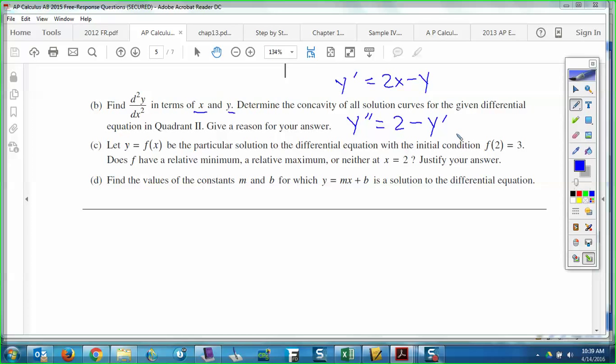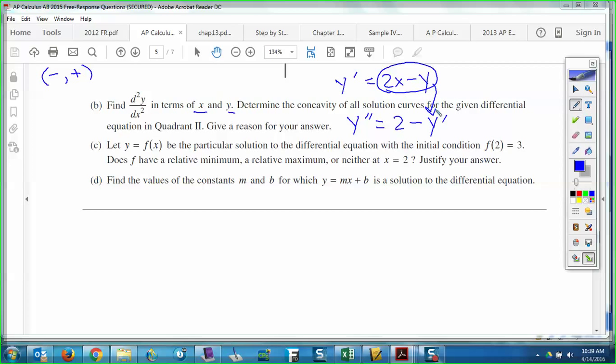2 minus y prime. Now it says determine the concavity of all solution curves for the given differential equation in quadrant 2. Give a reason for your answer. First of all, in quadrant 2, you know the x's are negative and the y's are positive. Now, it might not hurt to take y prime and substitute it right in there.